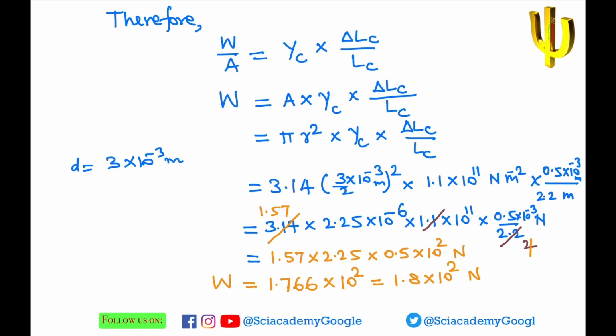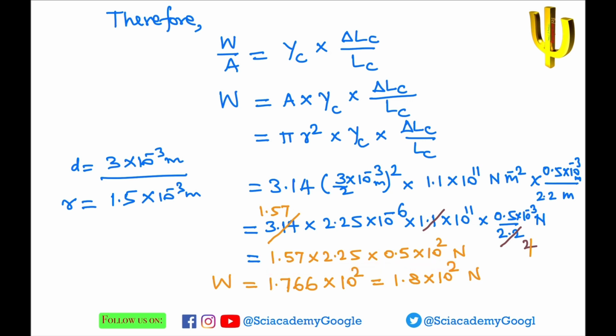We will calculate in meters, and therefore radius is equal to 1.5 into 10 to the power minus 3 meter. After substituting the radius, Young's modulus of the copper wire, the delta LC we calculated previously, and the length of the copper wire, we get this. After simplification we get these values. You can solve it easily.